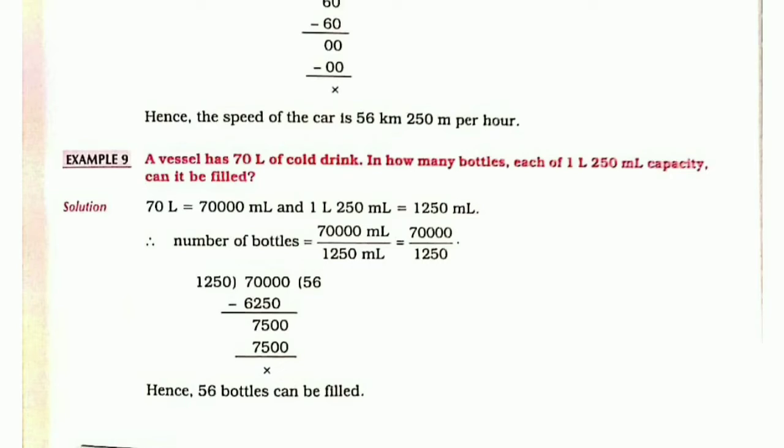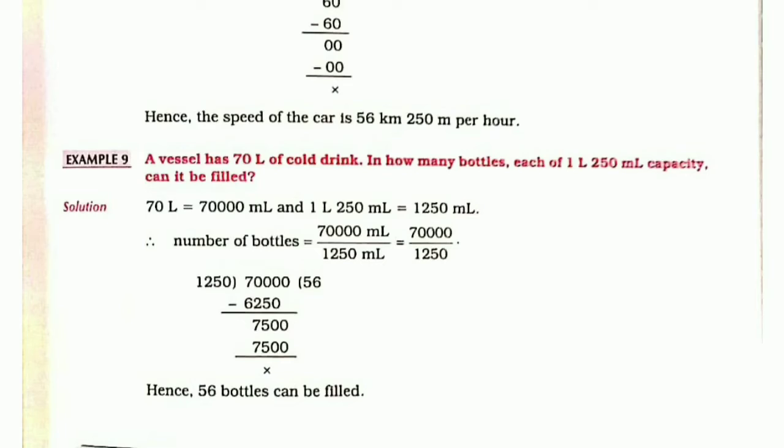So first we change this 70 liter into milliliters, because the capacity of the bottle is in milliliter also. For changing this, we multiply this 70 by 1000, because we know in 1 liter, 1000 milliliters are there.